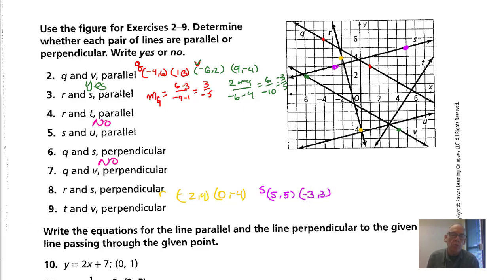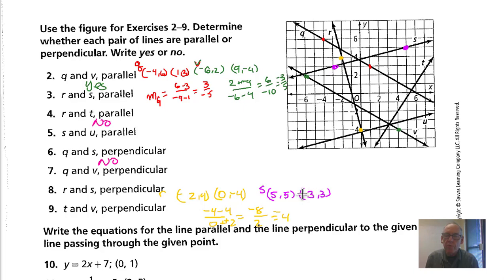So I want to calculate the slopes between these. If I do negative 4, take away 4 for the change in y's, over 0, take away negative 2. This gives me negative 8 on the top, and take away negative 2 is a plus 2. So we got negative 8 over 2, which gives us a negative 4.